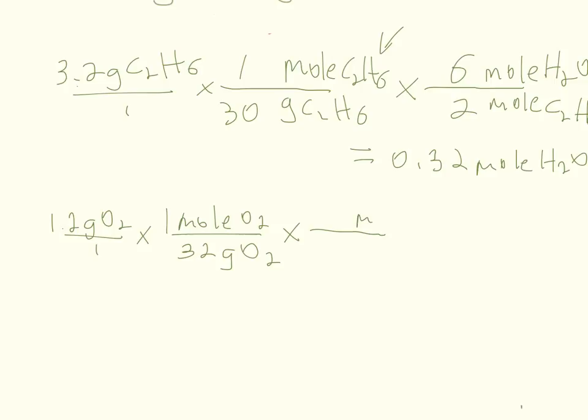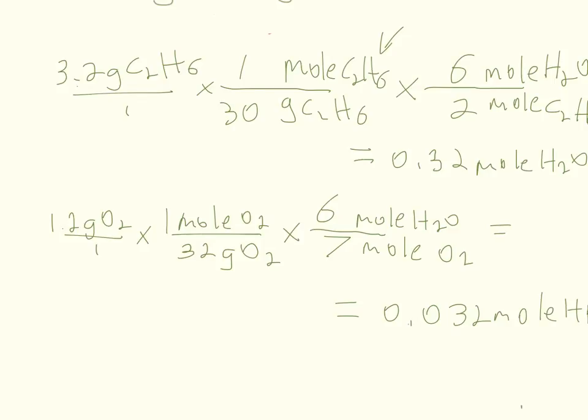So we want moles of water over the moles of O2, since we need to get rid of the O2. And that relationship, the water, remember, has that 6 coefficient. The oxygen has a coefficient of 7. And so there's our setup. We now solve for that, and when you solve for this, you get 0.032 moles of water.